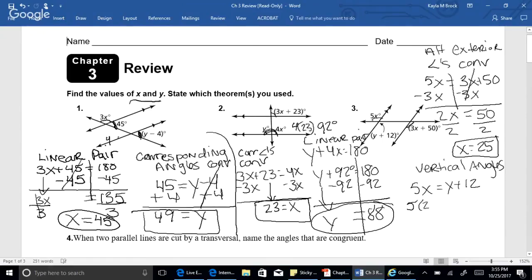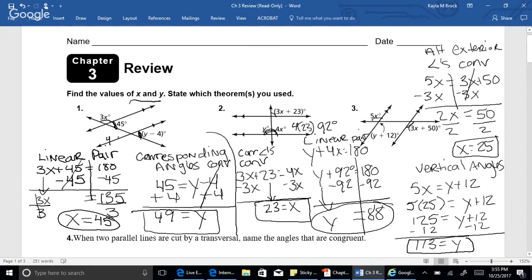I'm going to substitute the 25 in for the x. 5 times 25 is 125. Subtract 12, and I will get 113 equals y.